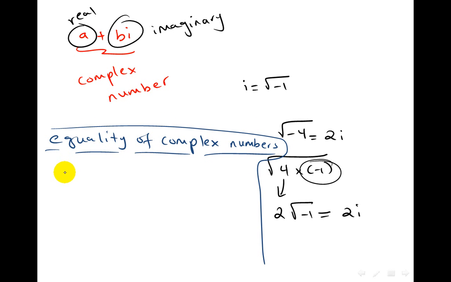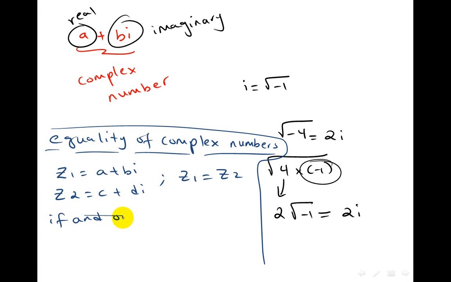Let's talk about equality of complex numbers. For example, if you have two complex numbers, the first one, let's call it z1, equals a plus bi, and the second complex number, z2, equals c plus di. If z1 equals z2, that means these two complex numbers are equal, then it's under one condition, if and only if a equals c and b equals d.